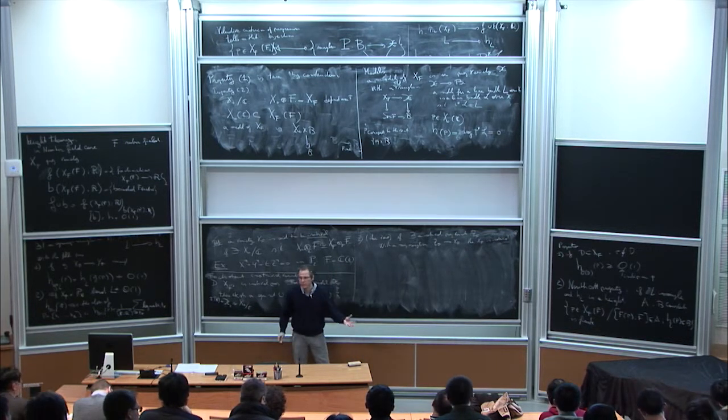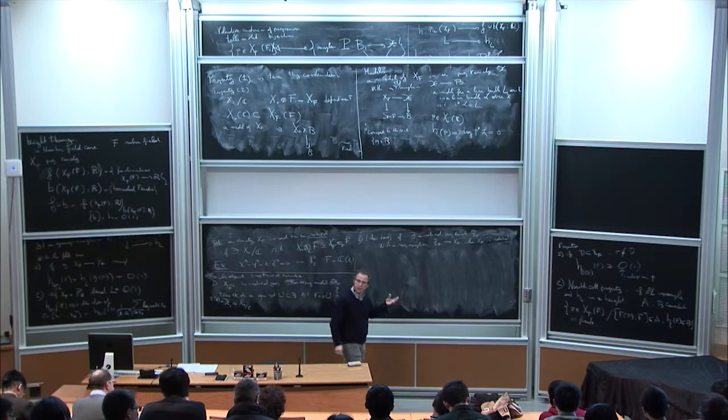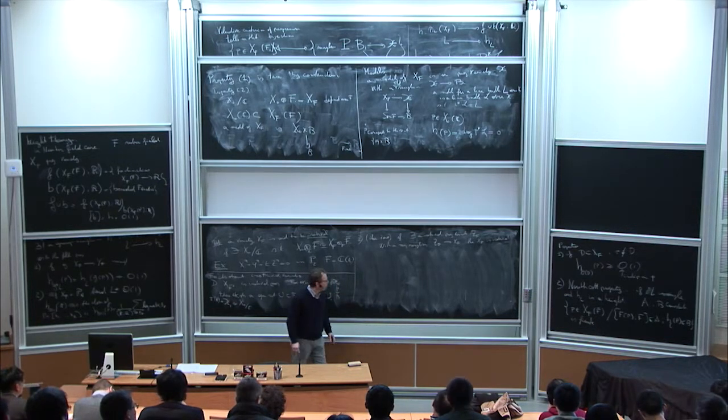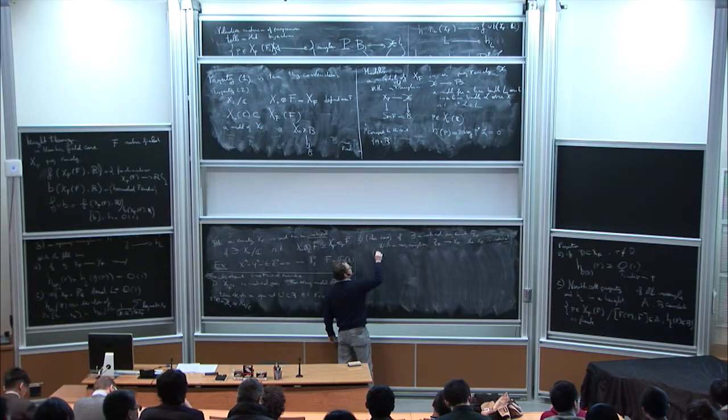So to be dominated by something isotrivial implies isotriviality. This is false in characteristic p.